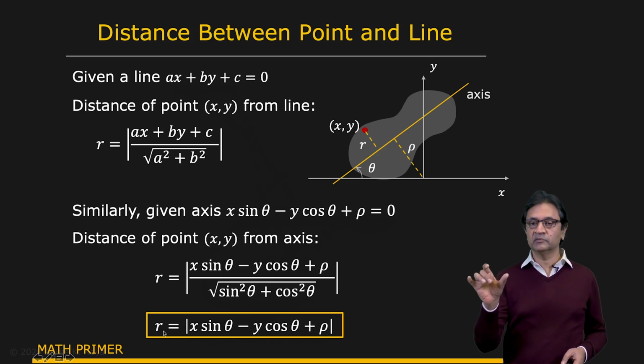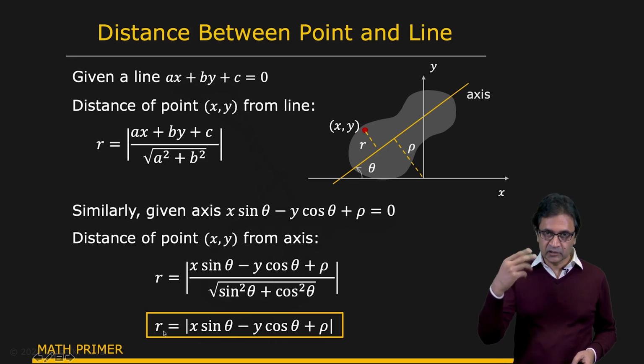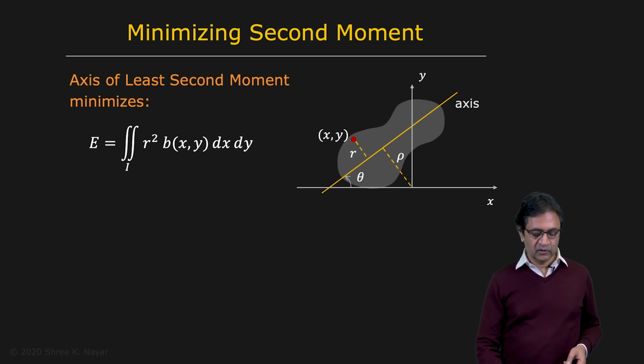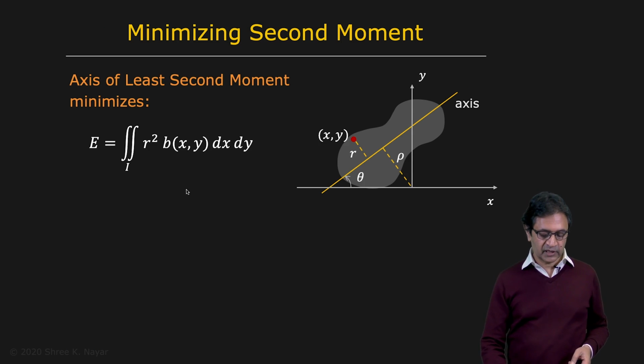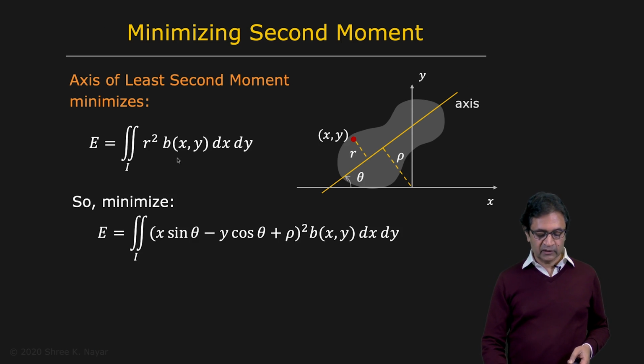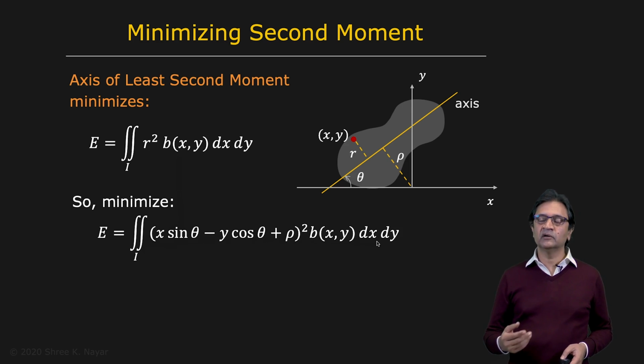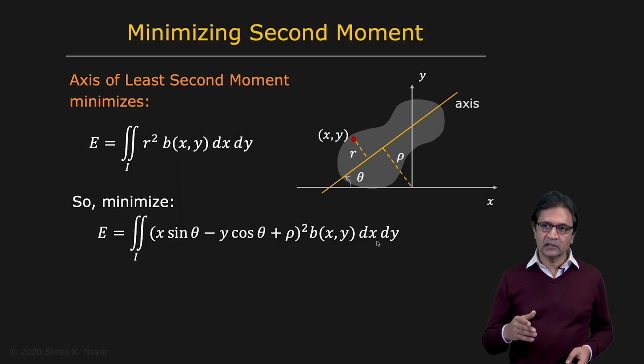So we're going to take this, because now we have an expression for r that's in terms of theta and rho. We're going to plug it back into this equation, which is for the second moment, and you get the double integral of r squared b dx dy. And now, remember, our goal is to find the theta and the rho for which E is minimum.